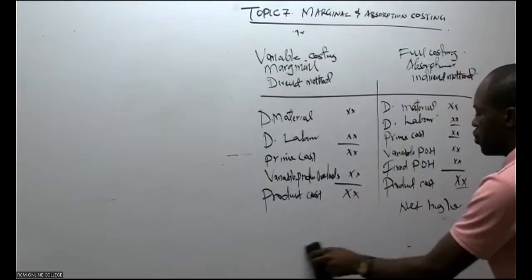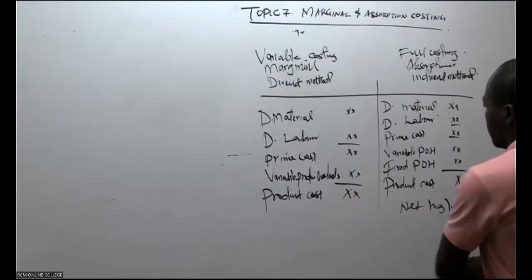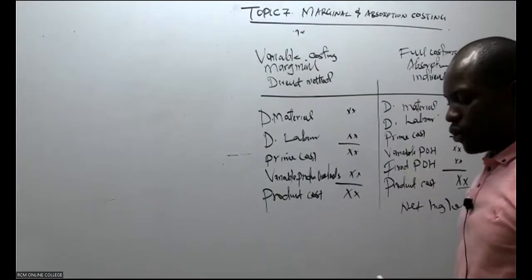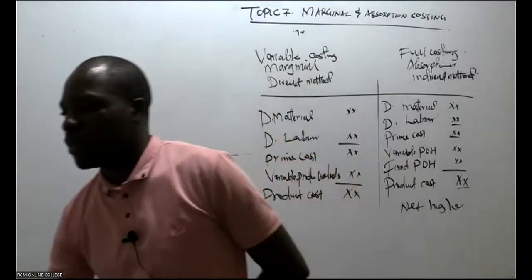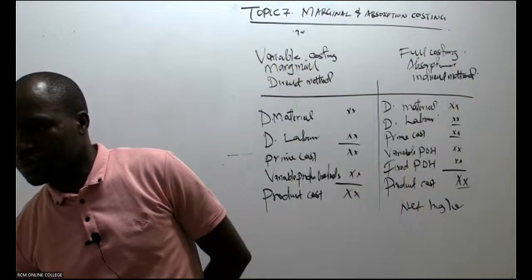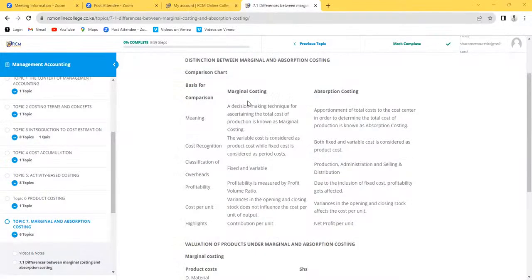That is the structural definition or classification of what we are going to discuss. So now look at what we are being told here. On cost recognition, variable cost is considered as product cost, while fixed cost is considered as period cost. Under absorption, both fixed cost and variable cost are considered as production cost.